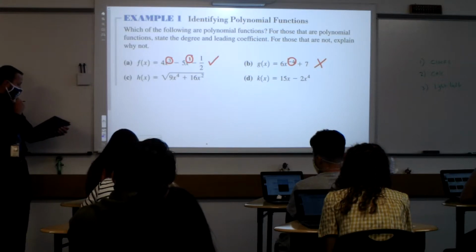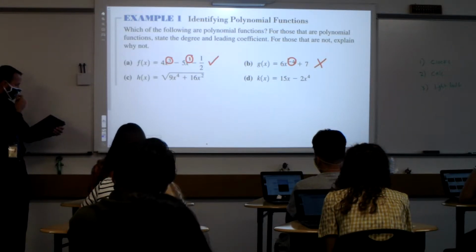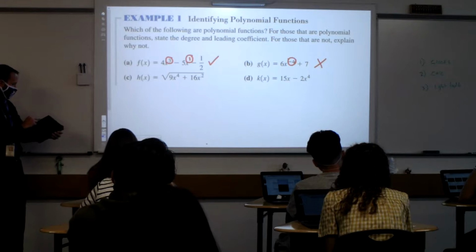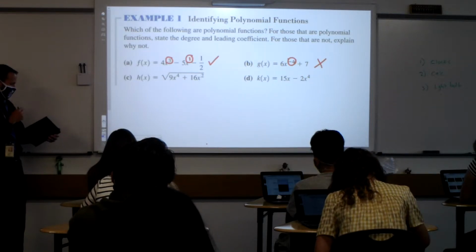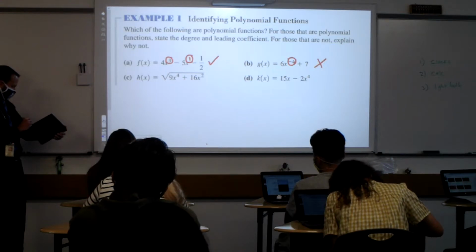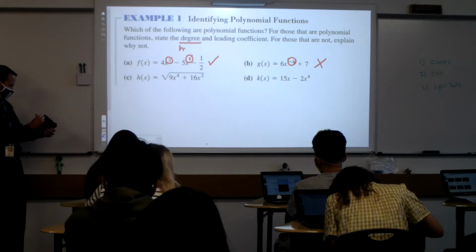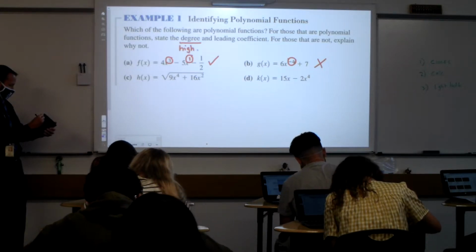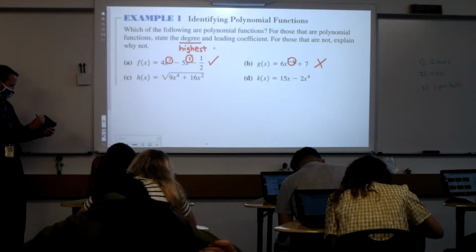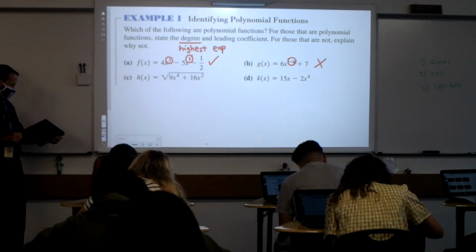Now, one thing it says on here is that if it is a polynomial, we need to state the degree and the leading coefficient. The degree, as we saw in the last one, that is our highest exponent. So I'm going to put a little note here. That is the highest exponent. So on part A, what is our highest exponent? 3.